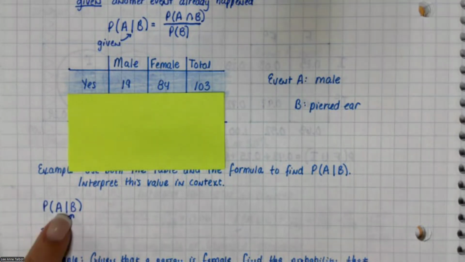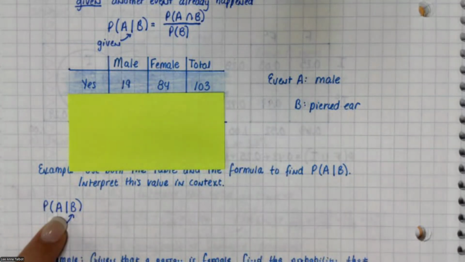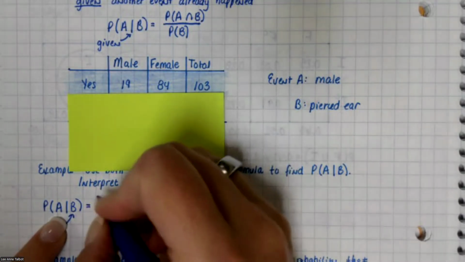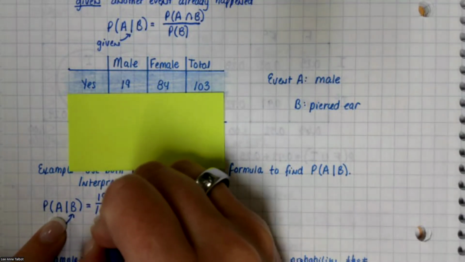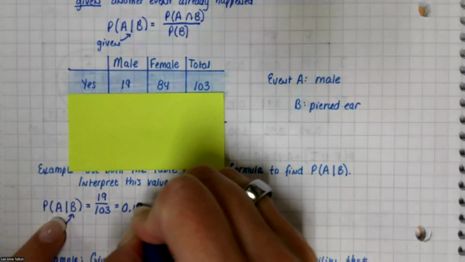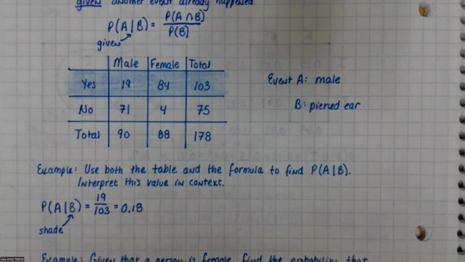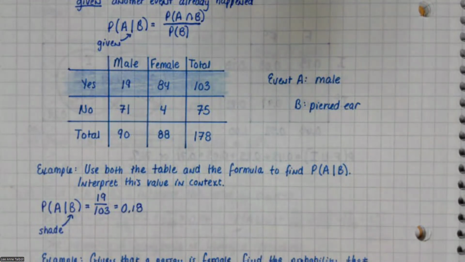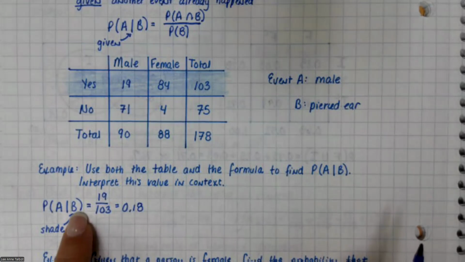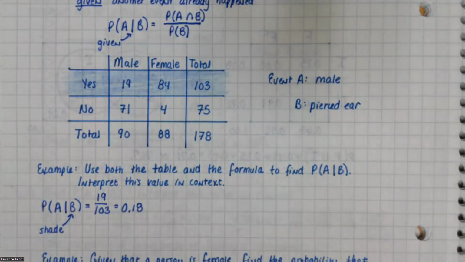Okay, so what's the probability that someone is male looking only at these 3 boxes? 19 over 103, which is 0.18. Okay, so if you want me to break this down into teenager for you, you basically look at the second thing that's listed and you shade that part and then only look at those boxes.